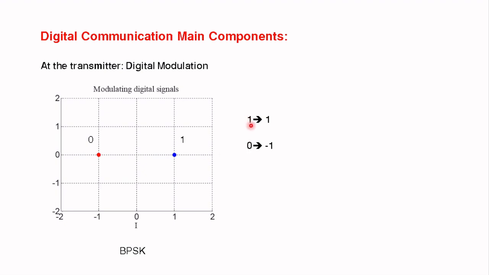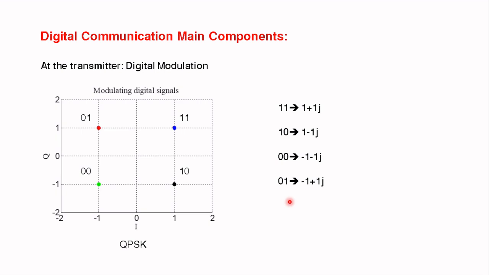So for example, if we have 1, we can convert it to a 1, or if we have 0, we can convert it to a -1 on the I-axis of our constellation diagram. This axis is considered the I-axis, and this is considered the Q-axis. And IQ representation of baseband signal is very famous, and you will see it everywhere.